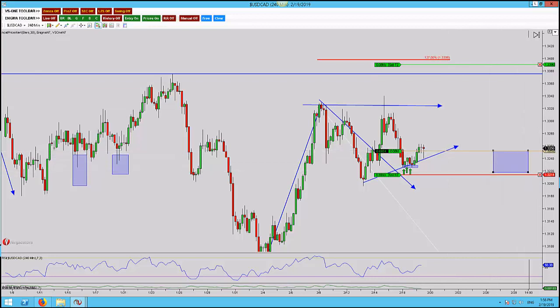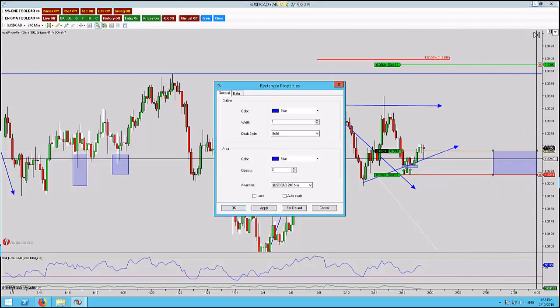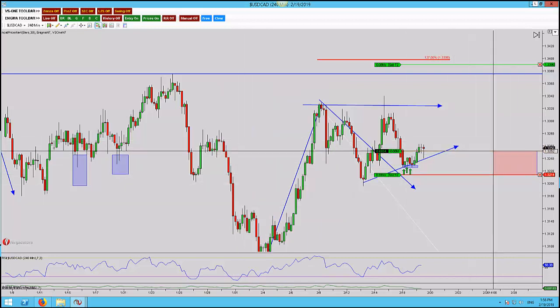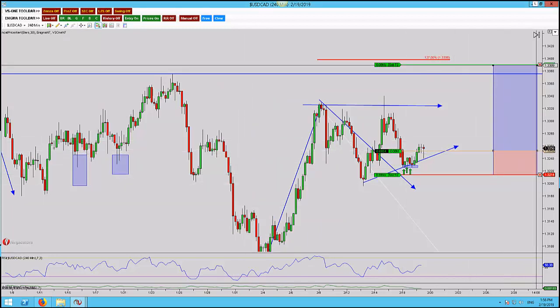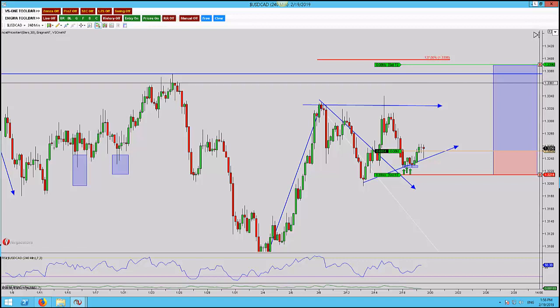So the risk is looking like this. The reward is like this.